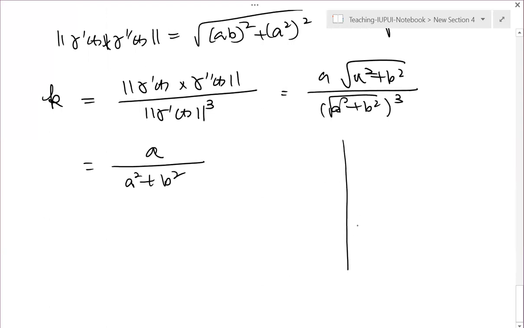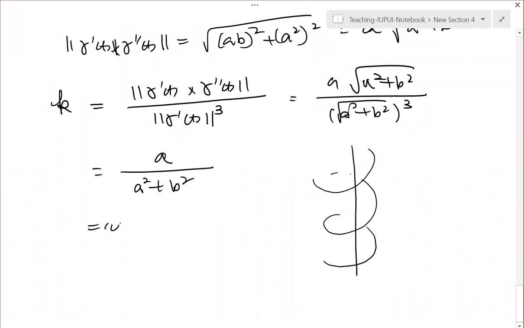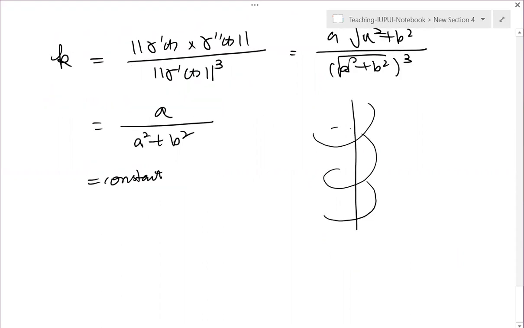This probably is just a helix, spiraling around. And it's constant curvature. This is a good example.